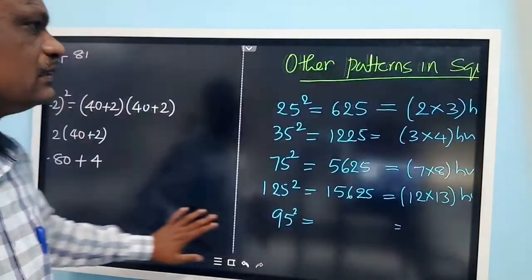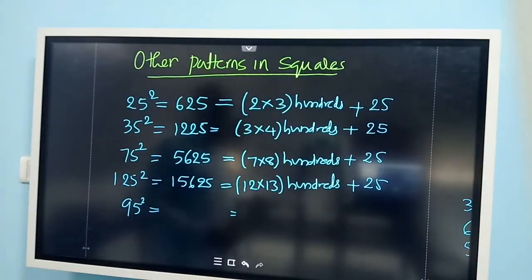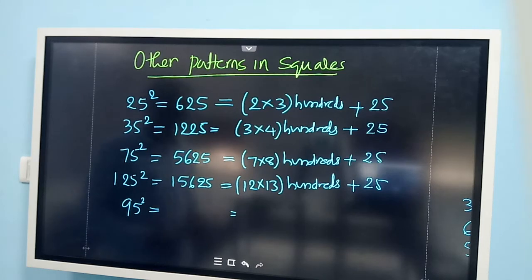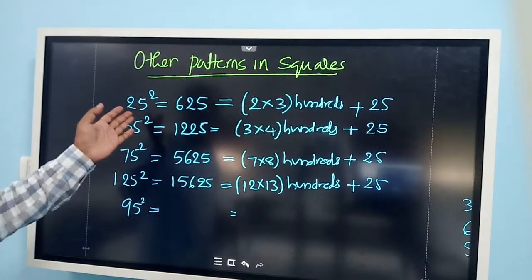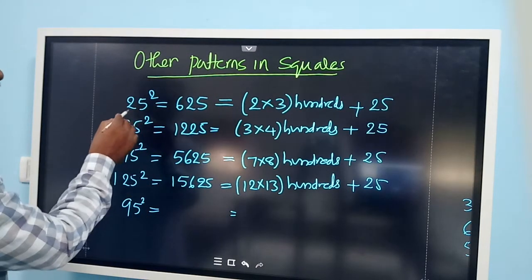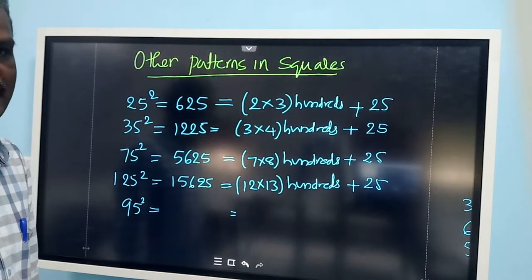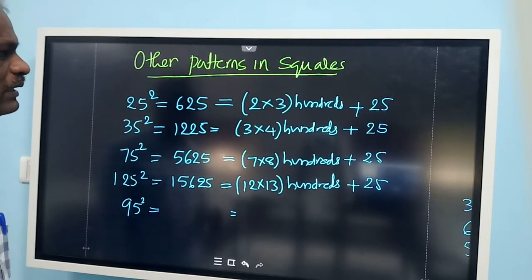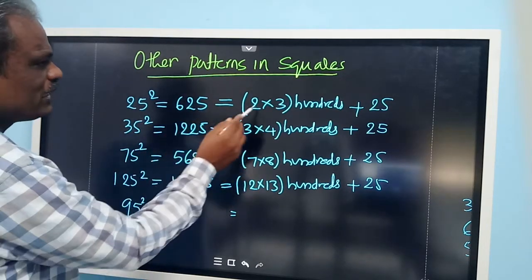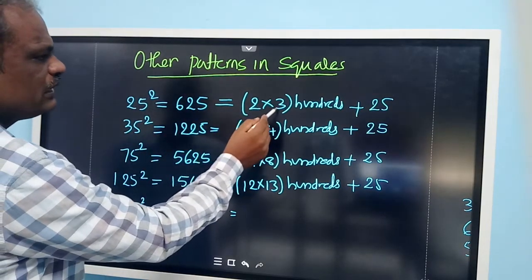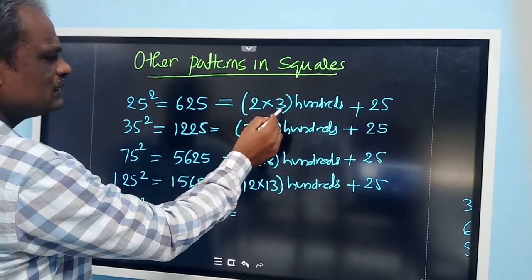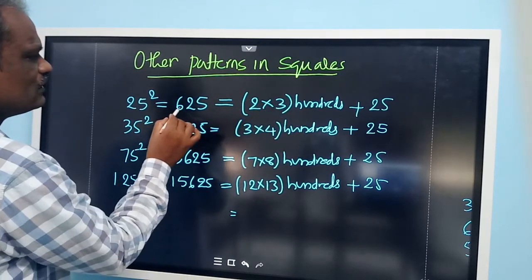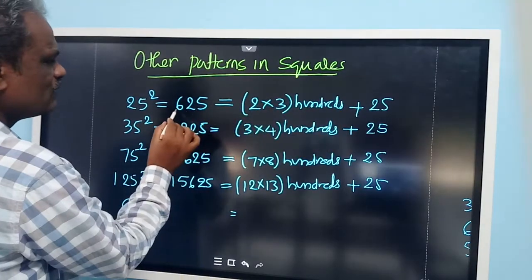Look at this. There are other patterns in squares. Some pattern related to squares. Look at 25 square. It is nothing but 625. 25 into 25 gives you 625. This same number we can write as 2 into 3, 100. 2 into 3, 600, plus 25.